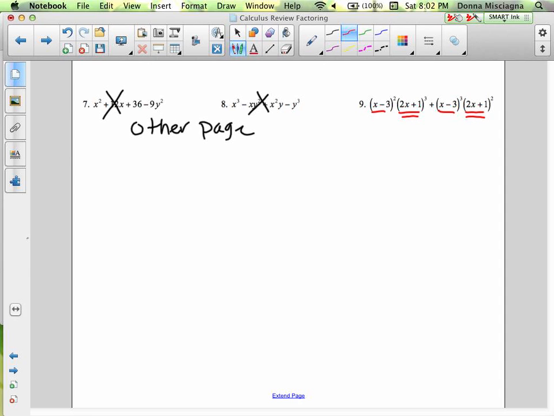Well, I can factor out 2 factors of x minus 3 because I can't factor out any more than the smallest number. So x minus 3 squared, because that's the smallest number of factors there. And we can factor out 2 factors of 2x plus 1.